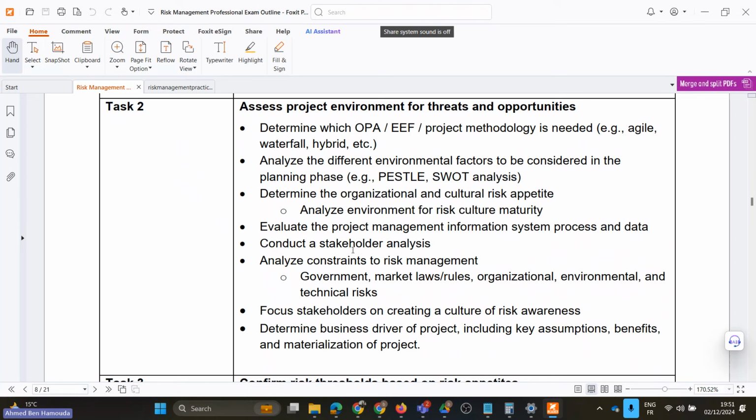Having a new stakeholder on a project could bring a new risk. For example, we have a list of key stakeholders on a project, and then one of the project key stakeholders was replaced by another one. So having a new key stakeholder could mean there are risks to be identified.